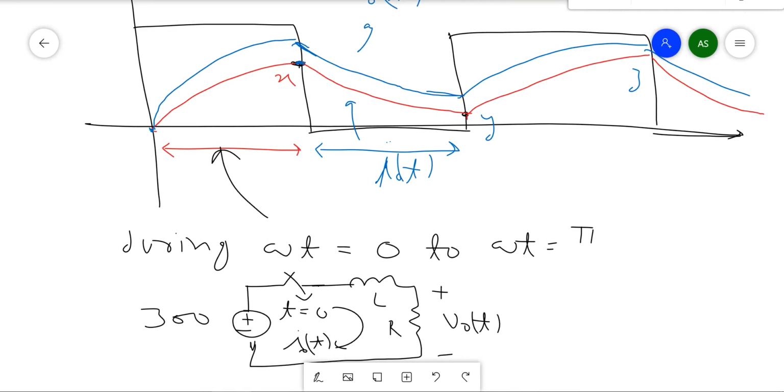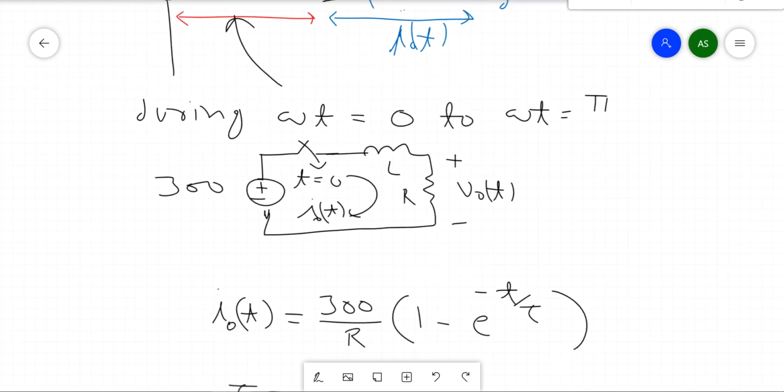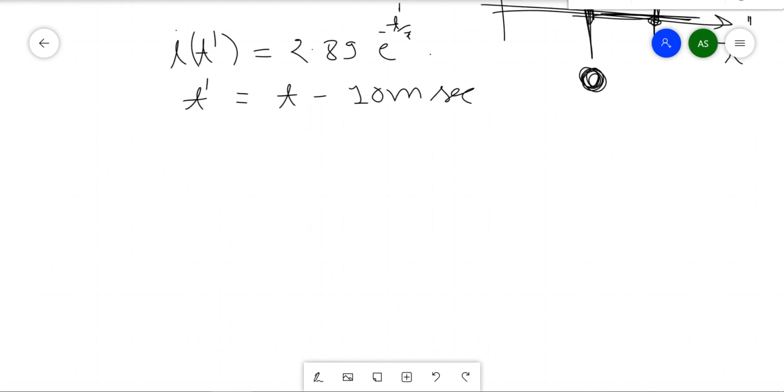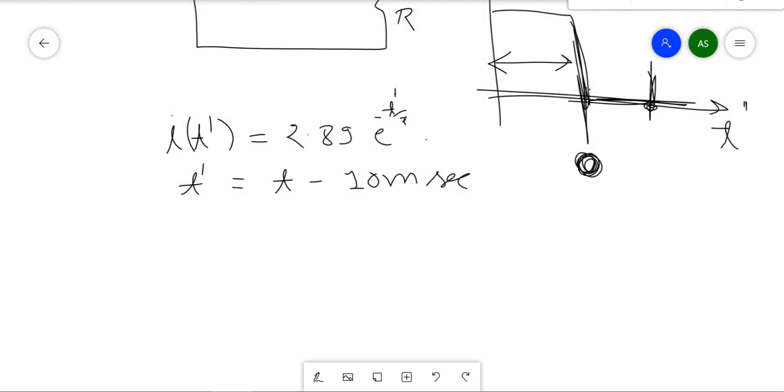For 50 hertz frequency the total duration will be 20 milliseconds. So y is basically at t equal to 20 millisecond or omega t equal to 2 pi. So that is the value of y, the value of current at t equal to 20 millisecond. So in that t dash equation, what we will have to put? t dash equal to 10 millisecond, because t is equal to 20 millisecond.